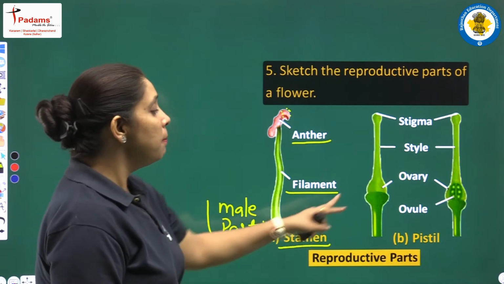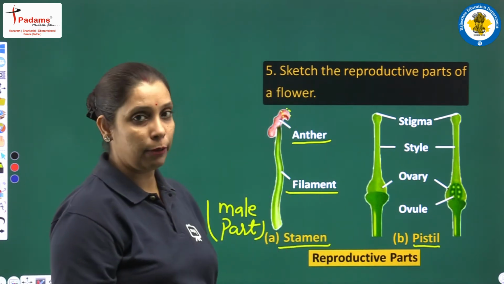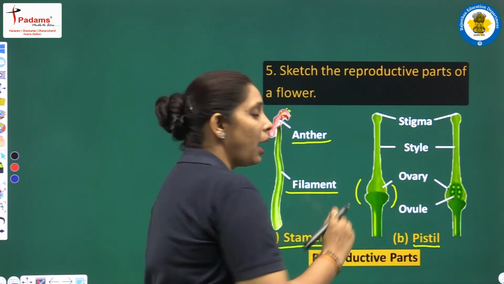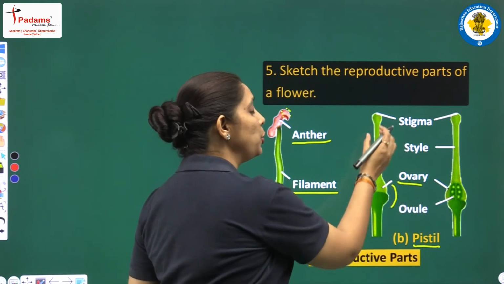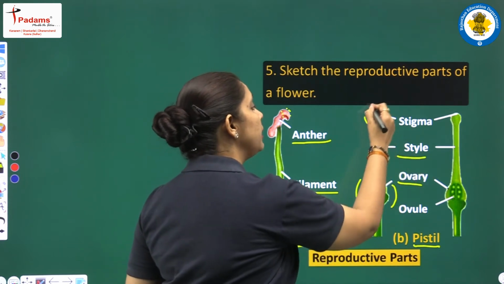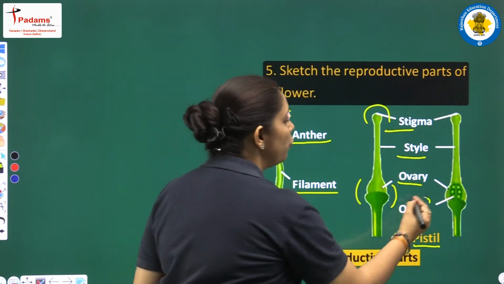फाइन. अब पिस्टल, pistil is the female reproductive part. Okay, here the swollen part, जो फूला हुआ part है, it is known as ovary, and it continues with a tube-like structure which is known as style, and here it ends with stigma, and inside the ovary ovules are there.